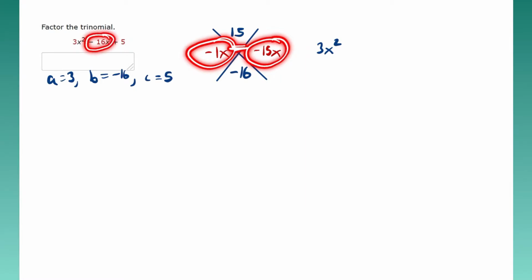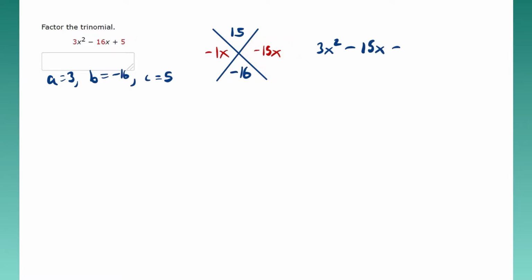So you're just breaking up the middle term into 2 different terms. It doesn't matter which one you put first. I'm going to put the 15 first, followed by the negative 1x, followed by the 5, which is the last term. So there should always be 4 terms, the first and the last, and the middle term gets broken up into these 2 terms.